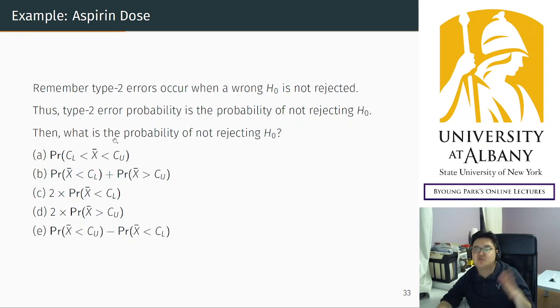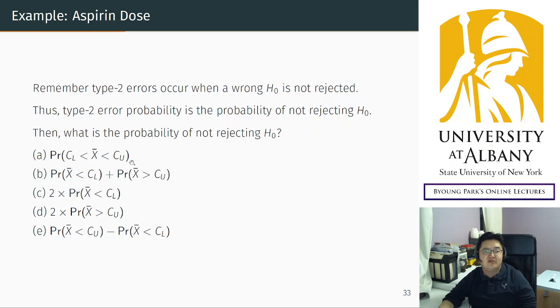Then what is the probability of not rejecting the null? How can you represent that? The answer is A, because you do not reject if the sample average is between the critical values. So A is the probability of not rejecting the null hypothesis.